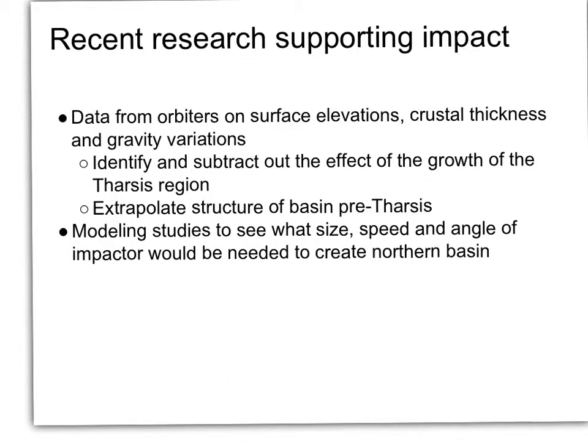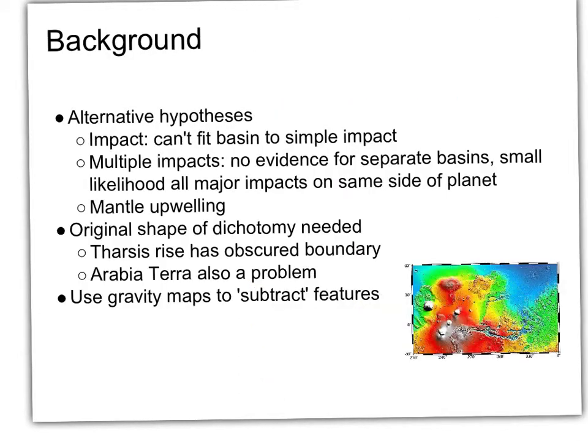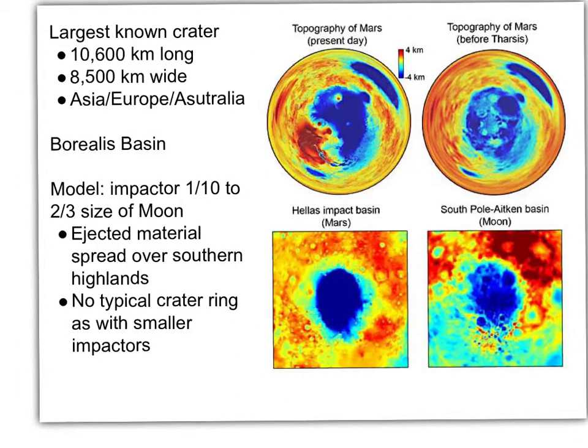However, there has been recent research supporting the impact hypothesis. I'll just go through this quickly. If you take the globe of Mars and flatten it out around the North Pole, in order to look at the shape of that basin in more detail, it clearly does not look circular as we look at it today.